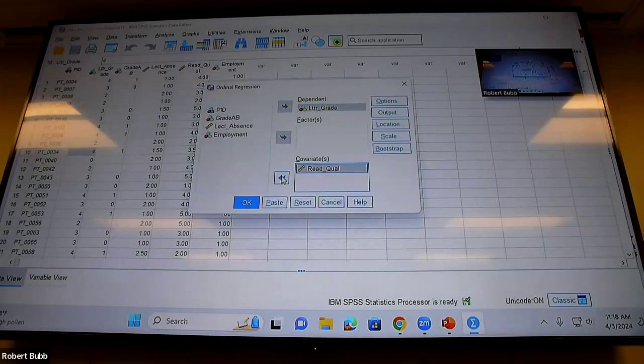The reason for that is if you put it in the factor box, and you can test it, you can see what your output looks like. If you put it in the factor box, it's going to look at every level of your predictor to every level of the output. In this case, because reading quality was averaged over a couple of administrations, I think we got to like 4.5s and 3.5s.